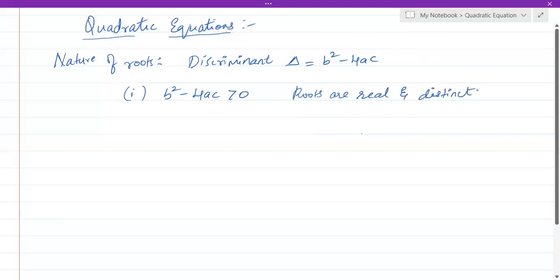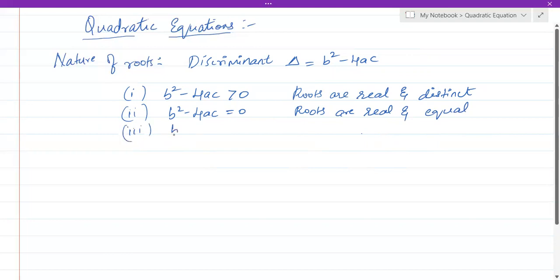If the value of b square minus 4ac comes out to be 0, then roots are real numbers, but we won't have two different answers, both will be same. Roots are real and equal.